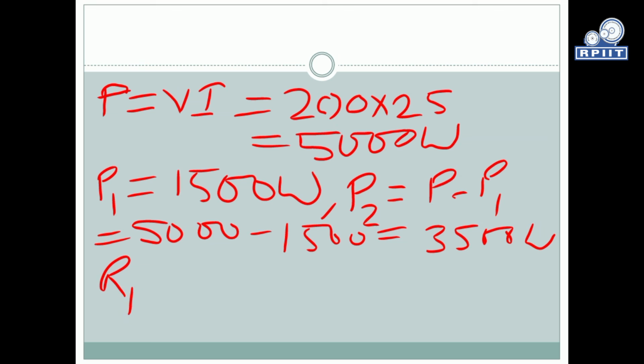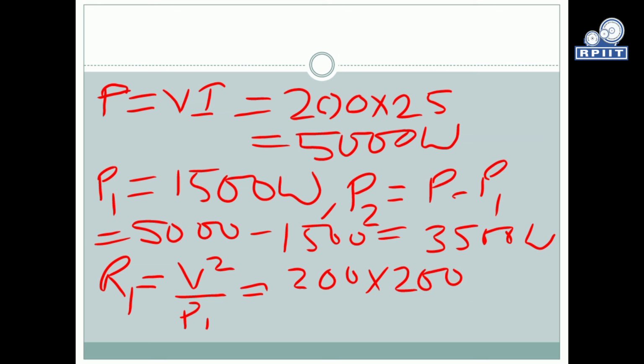Now we will calculate the resistance of each coil very easily, because we know the total current, total voltage, power across the first coil and power across the second coil. So R1 is equal to V square by P1. V is 200, so 200 square, or 200 into 200 divided by P1.